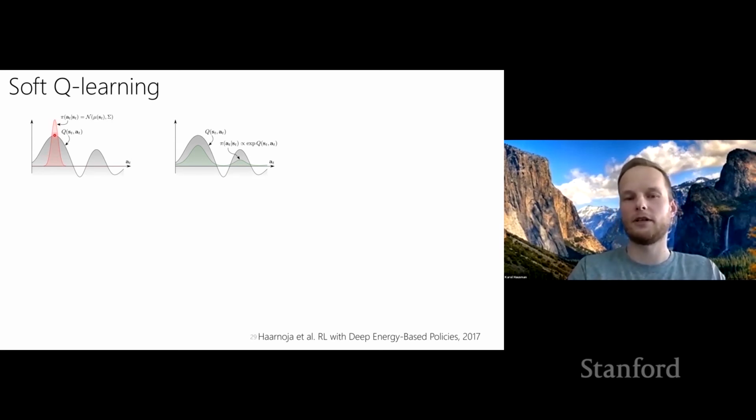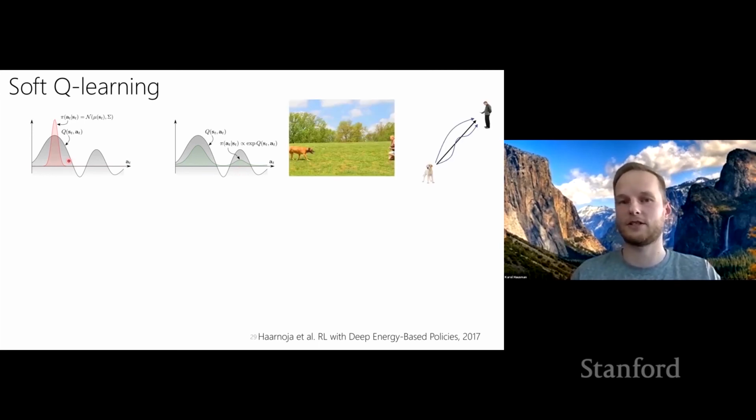With soft Q-learning, our policy is now proportional to the exponent of the Q, or the exponent of the advantage. So it's not only trying to put all the probability mass at the peak, but it will save a little bit of probability mass for other hills as well. So it's not as committed as the standard Q-learning algorithm. So this is kind of the motivation for it.